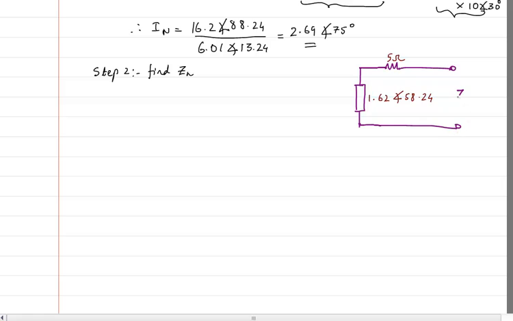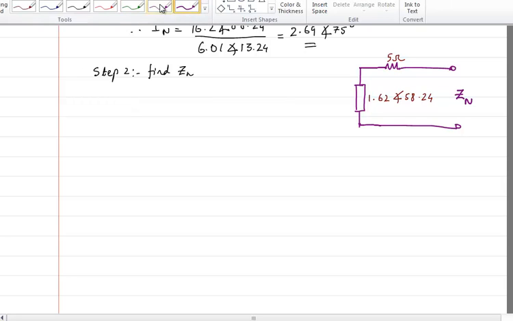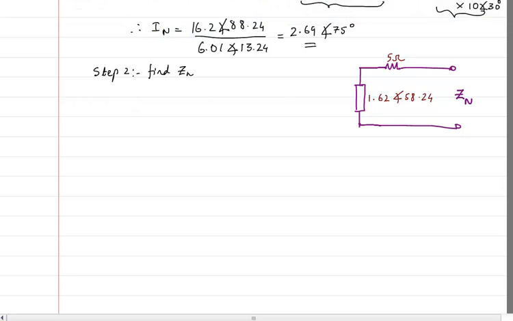Now what can be Zn? Obviously Zn is the combination of 5 plus this value. So I can write straight away that Zn is equal to 1.62 angle 58.24 plus 5.